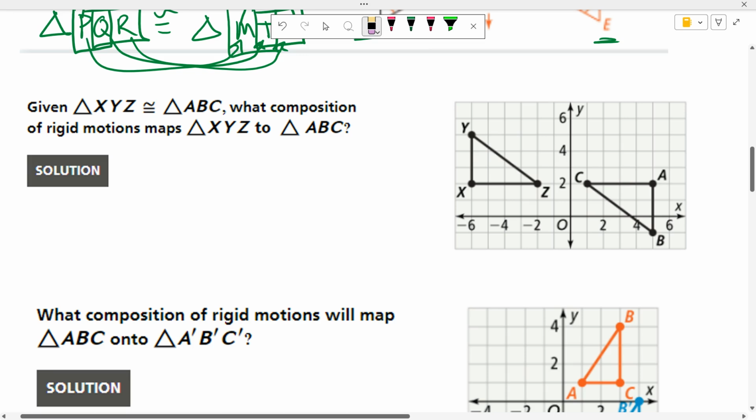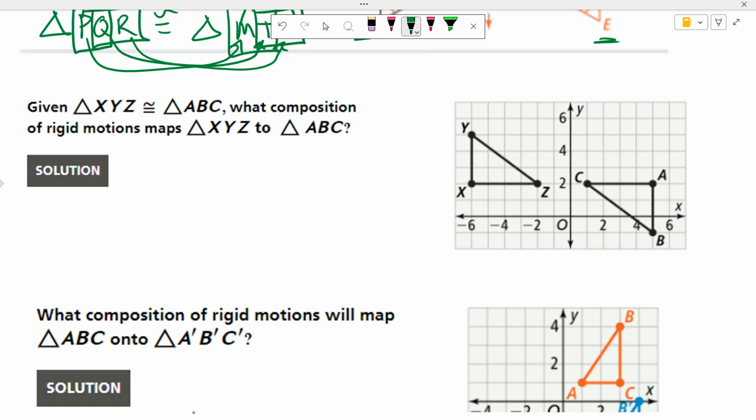Well, what's one thing that we could possibly do? Are they in the same relative position where Y is on top? Is B on top? No, B is on the bottom. So it's a reflection of some sort, right? So we need to reflect somehow.